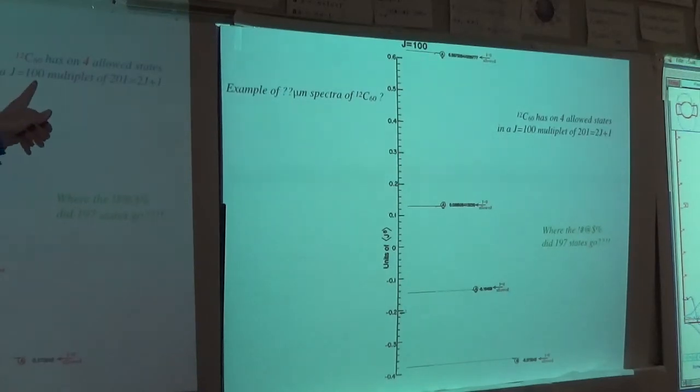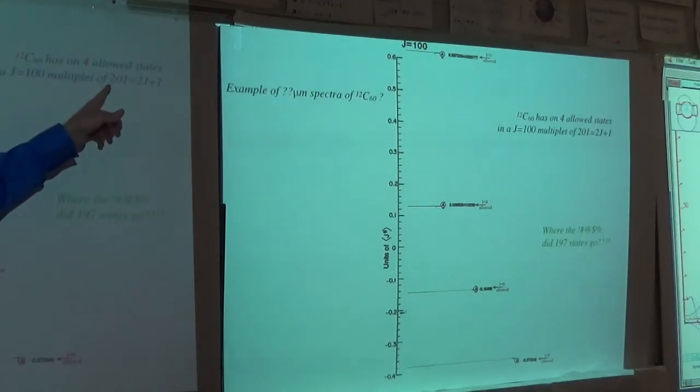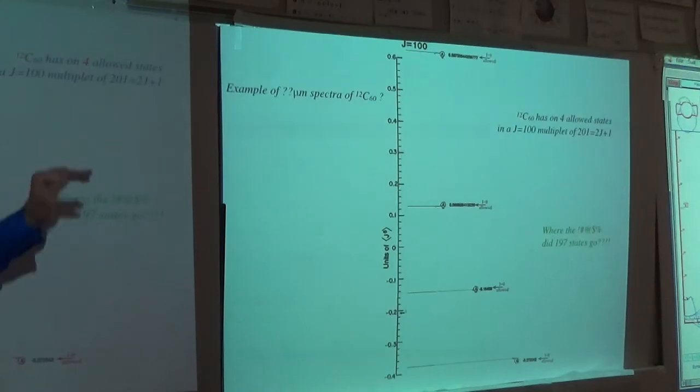Out of the 100 multiplet, and the 100 multiplet has the substates of 2J plus 1, that's 201 quantum states that are supposedly there, but they're not. Okay, and the question is, where did 197 states go?